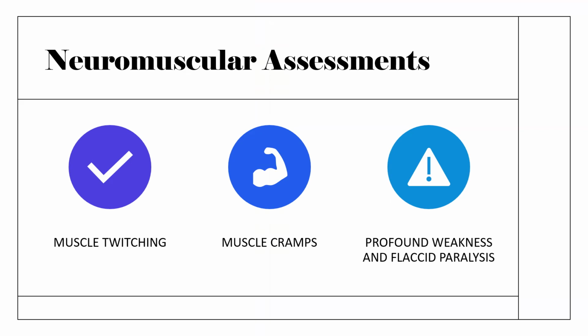So it's very important that when we start noticing the twitching or the muscle cramps, we really start assessing our patients and calling the provider so we can perform these interventions, because we definitely do not want these late signs of hyperkalemia.